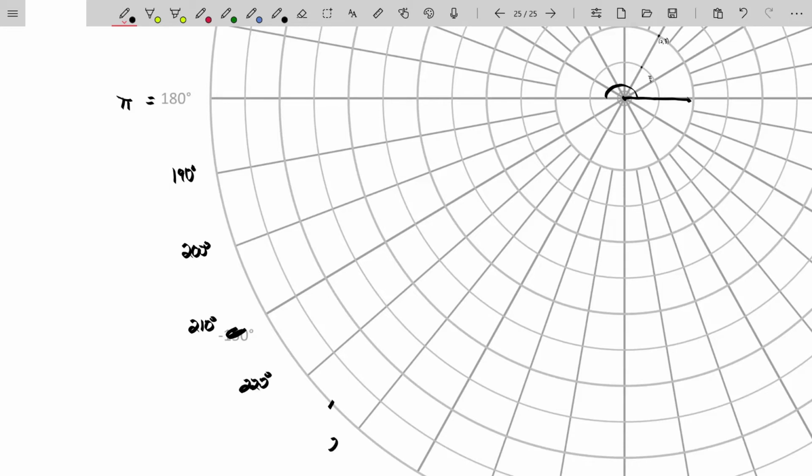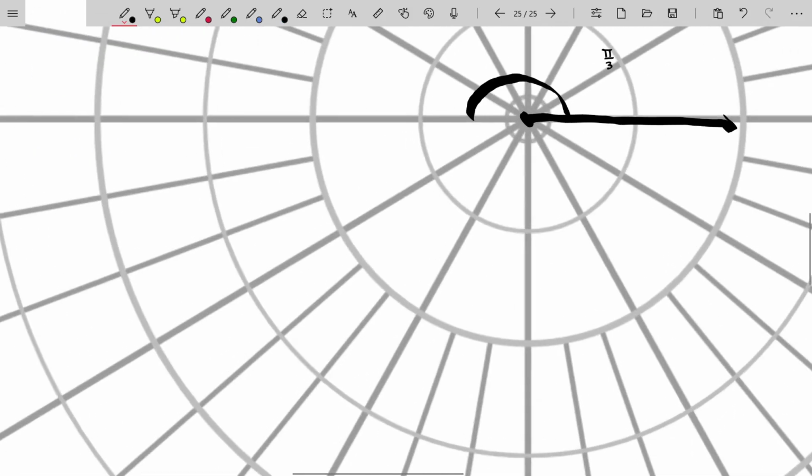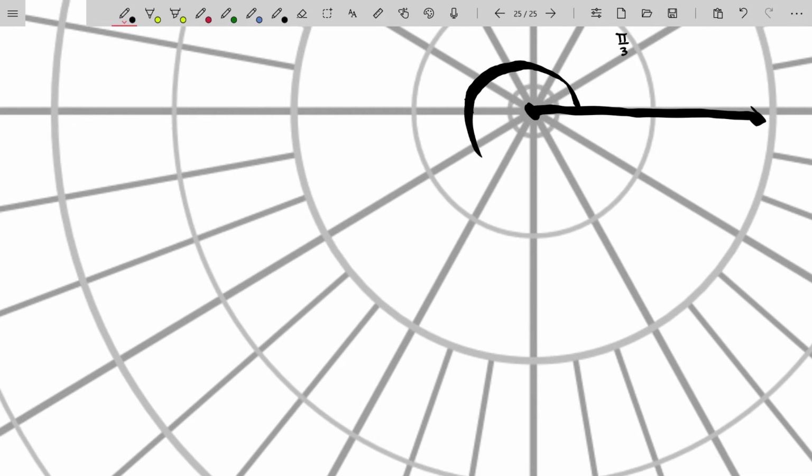This is 230 degrees. But halfway between those two is 225 degrees, which is 5 pi over 4. So I'll first rotate through an angle of 5 pi over 4 here, which is roughly about here.